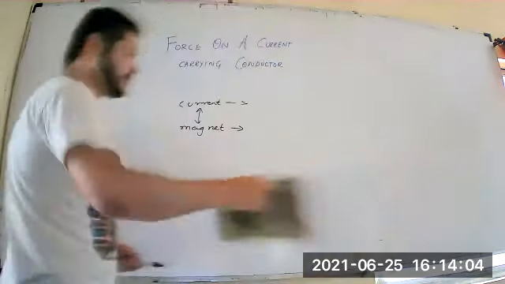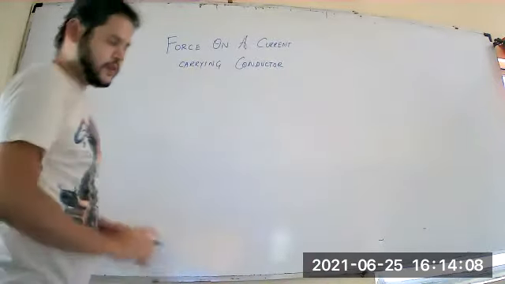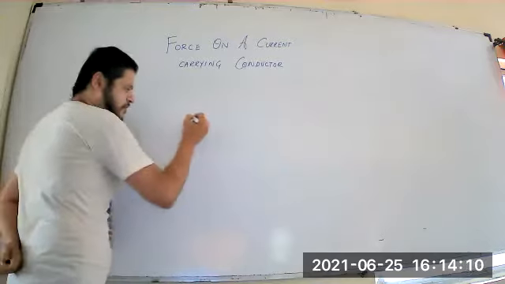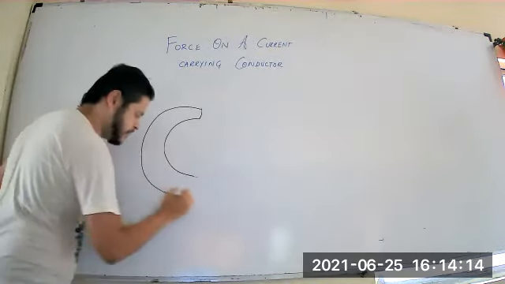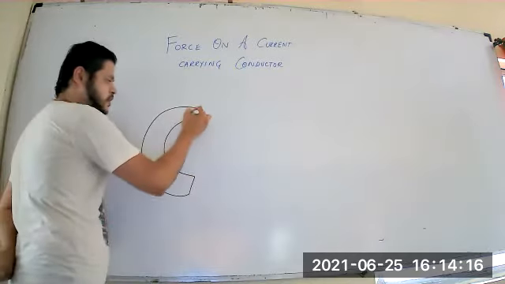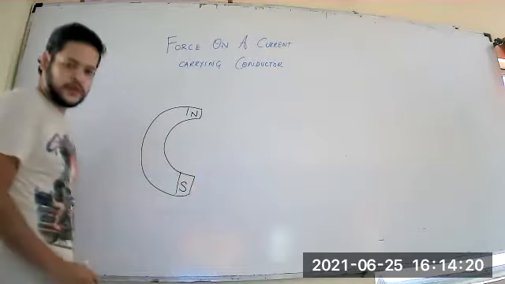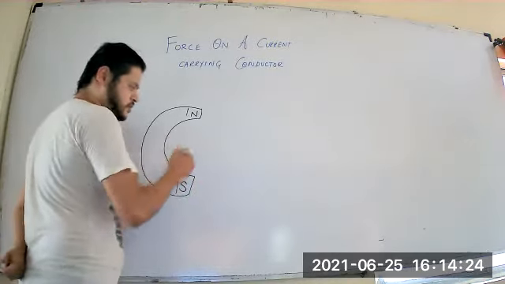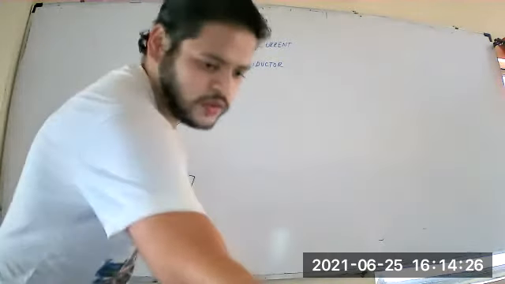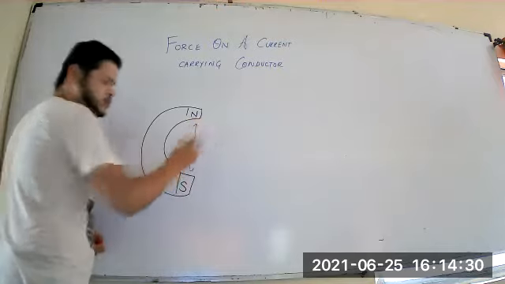So what happens? Let us do a simple activity. Suppose I have a magnet, a U-shaped magnet or a horseshoe magnet as it is called, having its north pole and south pole. In between this magnet, of course, we know that the magnetic field will be from north to south.